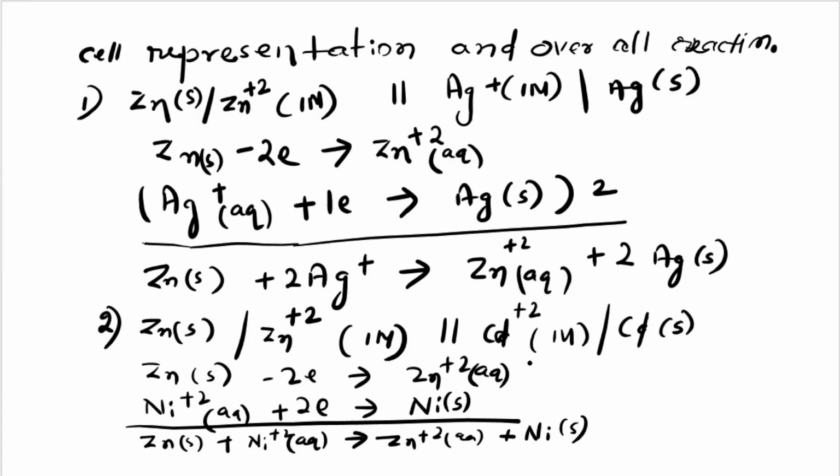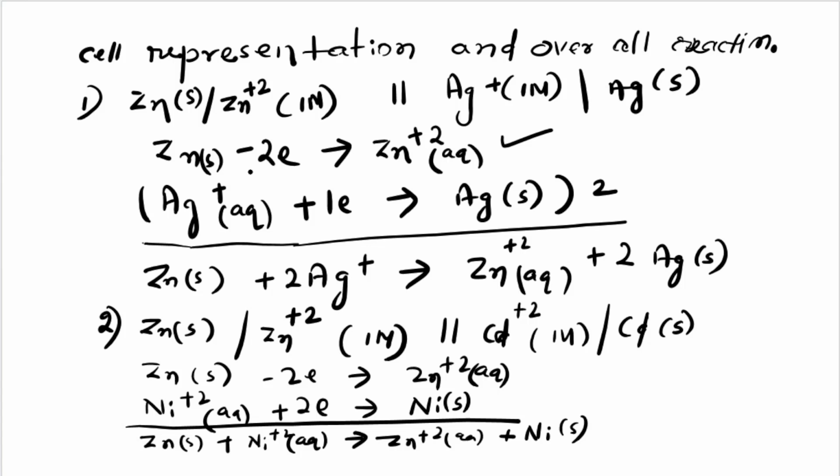Here the cell representation is given. From the cell representation, tell me what the cathode is. The left side is the anode and the right side is the cathode. The left side loses electrons, which I want to represent in this reaction, and the cathode, silver, is where electrons are gained. After gaining the electron, this is the result.